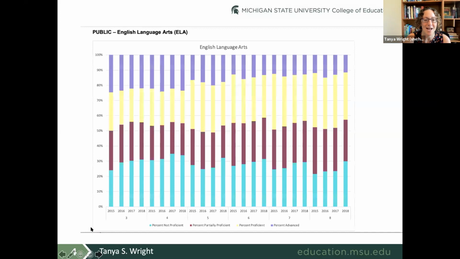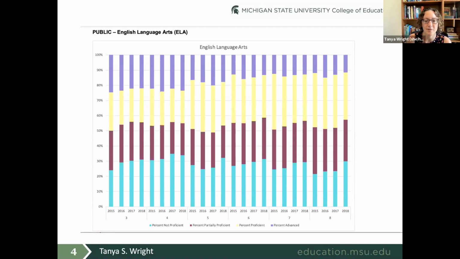All right, well, why is this so important? I have some older data to show you as well. I was looking for an image like this that included 2019, but I couldn't find it. So this is a little bit complicated, but let me tell you what you're looking at, okay? These are our M-STEP ELA scores, 2015, 2016, 2017, 2018.